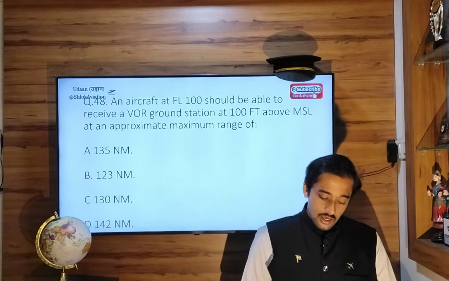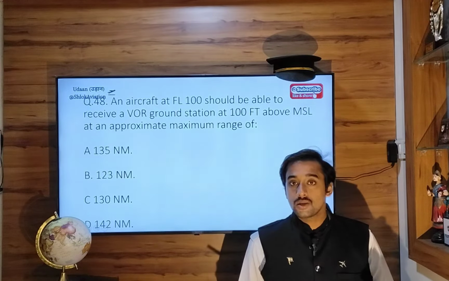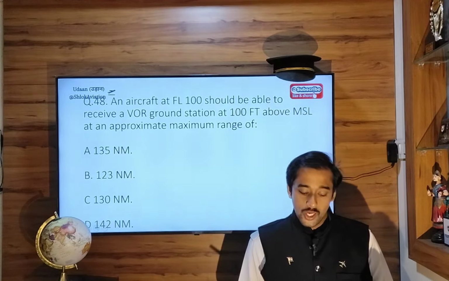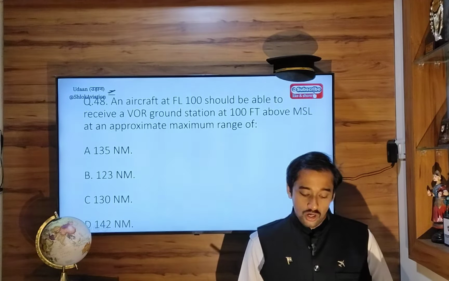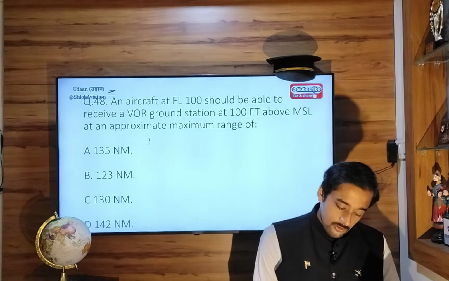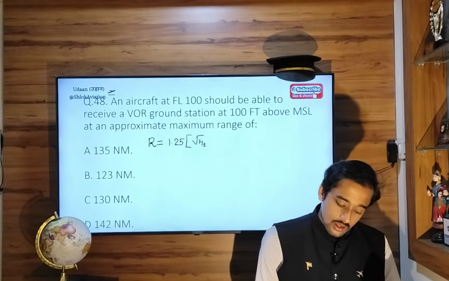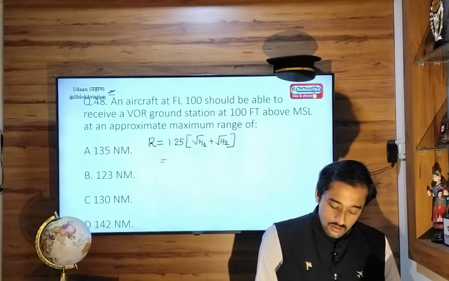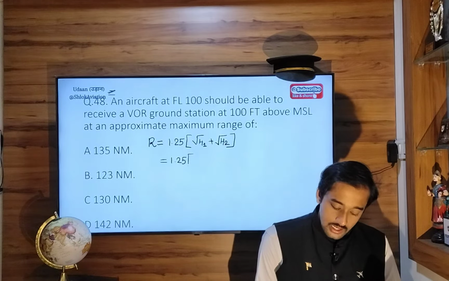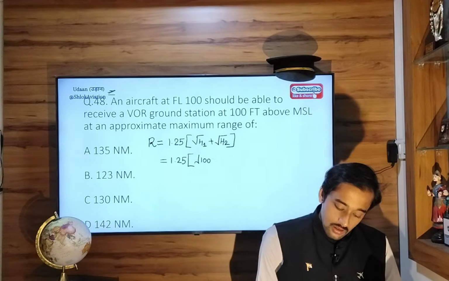Next question. An aircraft at flight level 100, 10,000 feet, VOR at 100 feet, what should be the range? So use the formula: range is equal to 1.25 times square root of h1 plus square root of h2. So h1 is 10,000, h2 is 100.